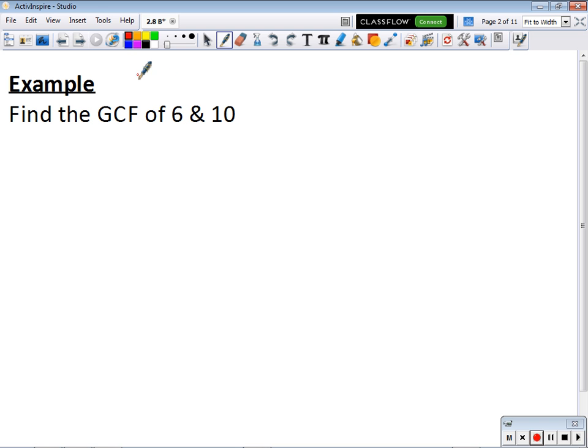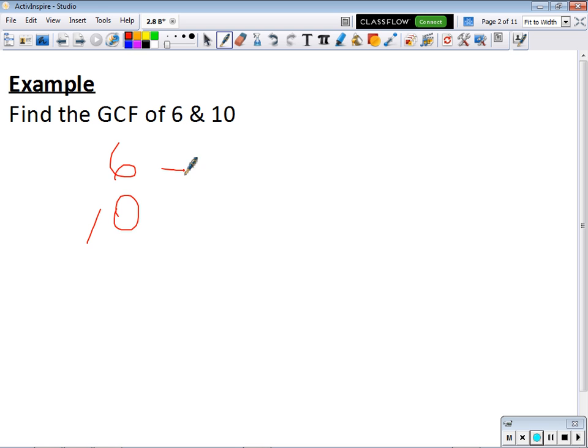So when we start talking about examples, and here's one here, we're looking at the greatest common factor of 6 and 10. I'm looking for the biggest number that divides into 6 and 10 evenly.